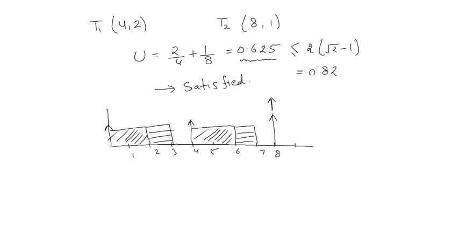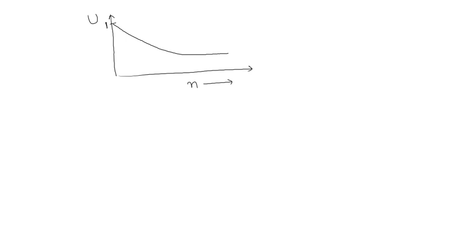If I draw a graph, the graph says that suppose you want to schedule n number of tasks. If the number of tasks increases, utilization will become saturated. Let's say this is your 100% utilization. When the utilization is 1, it will saturate, and it comes around 0.69. How it comes, we will see.